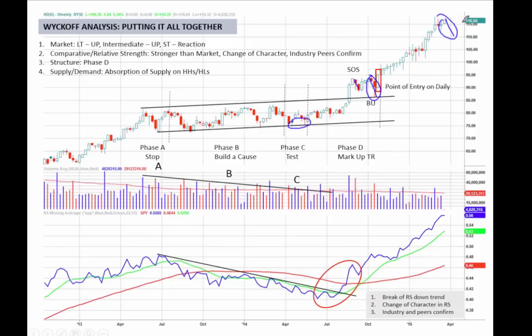short-term add into the position. If this reaction exceeds the previous reaction, this is going to be a big sign right here. This is a change of character. And also on the relative strength, I would want to see some kind of reaction that is going to be larger than, let's say, this one or this one.